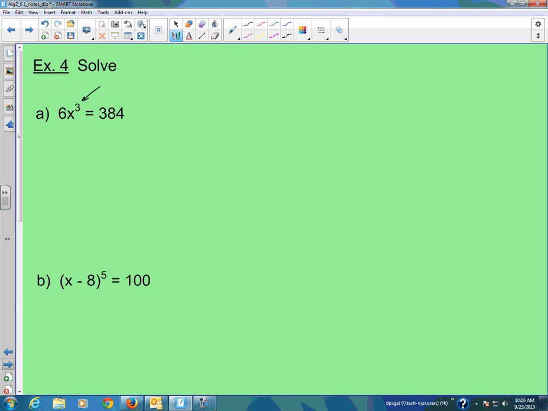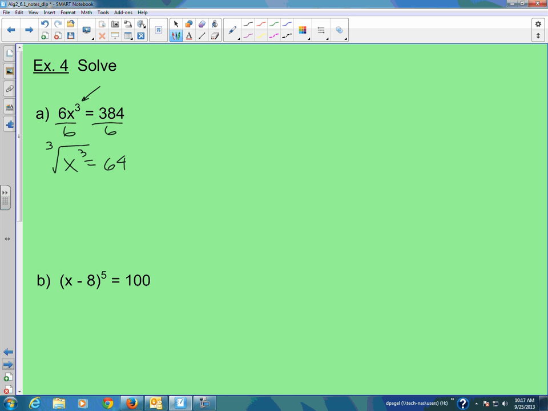So we're trying to get not just x, but x cubed by itself, and then we're going to undo these powers by using radicals. Or we could even use fractional exponents. In this case, I'm going to divide by 6, and I get x cubed is equal to 64. If we use radicals, you undo a power with the same radical.